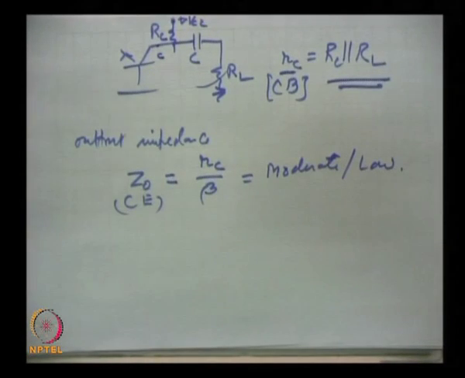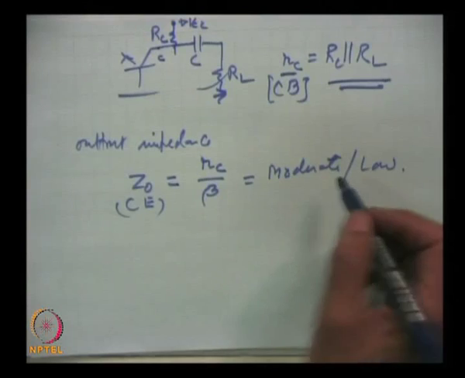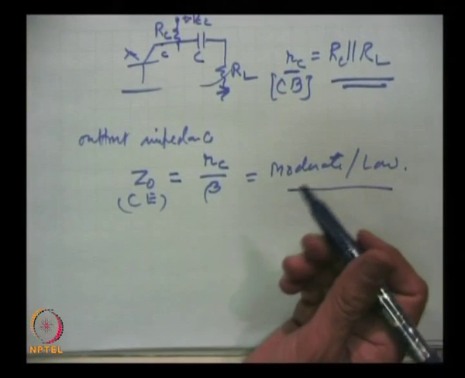And you remember we talked that for a voltage amplifier, the output impedance should be low and input impedance should be high. So, the CE amplifier gives that, this is much reduced, as beta is 80, 100, 200.